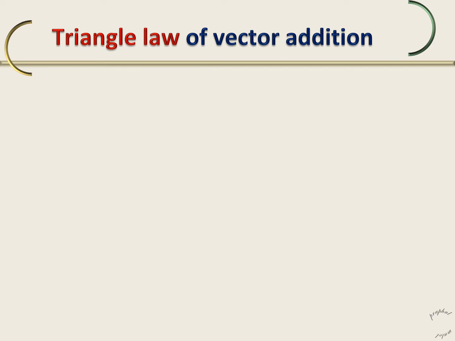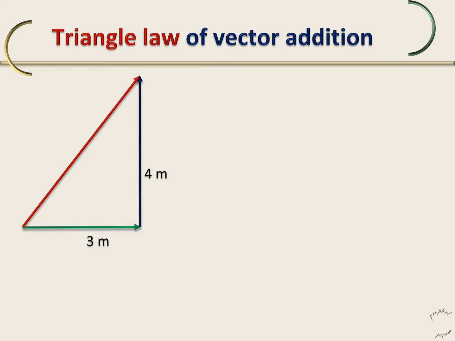If your vectors form a right triangle like this, then it is really simple to calculate the magnitude and direction of the resultant, because the magnitude of the hypotenuse you can always calculate using Pythagoras theorem.